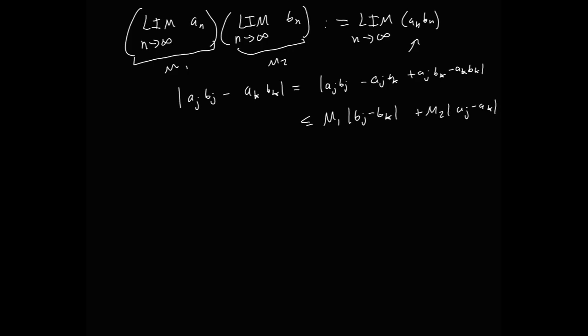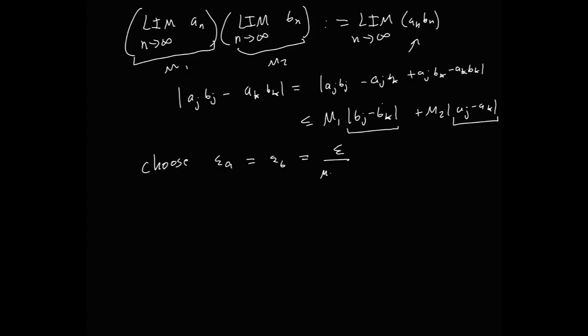Now, how will this be eventually smaller than any epsilon? What we can show is that for any epsilon, we know that this is bounded, and for any epsilon, we know that this is bounded. So we'll choose epsilon a to be equal to epsilon b, equal to epsilon over m1 plus m2.